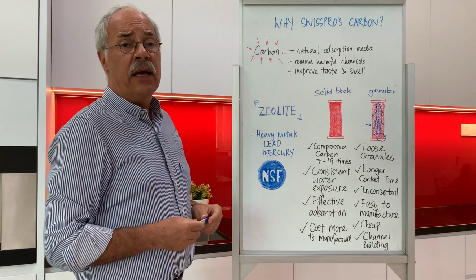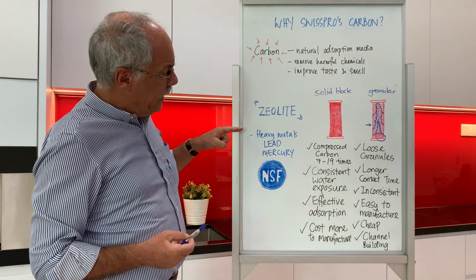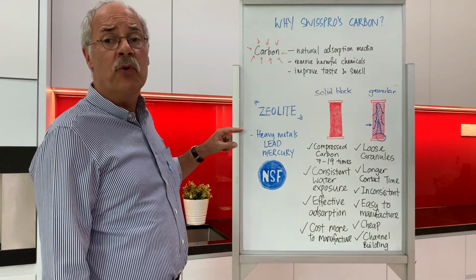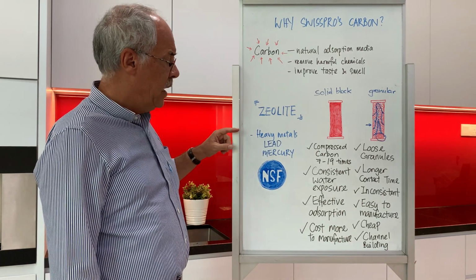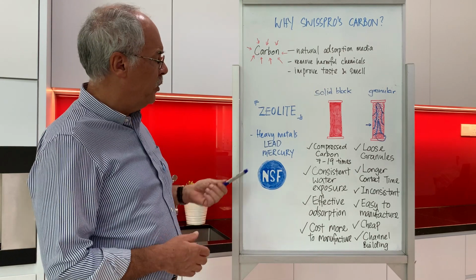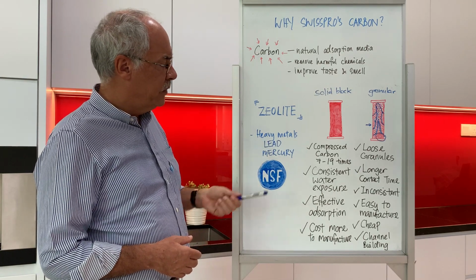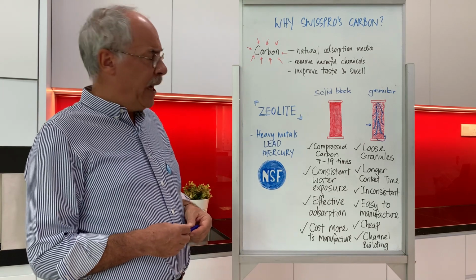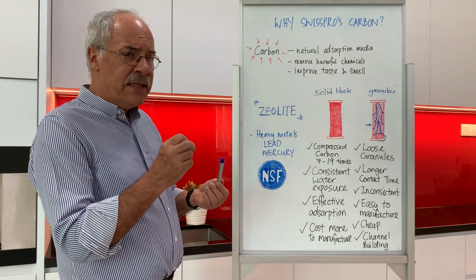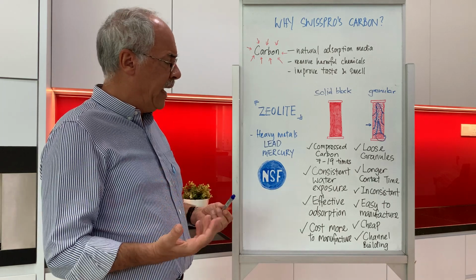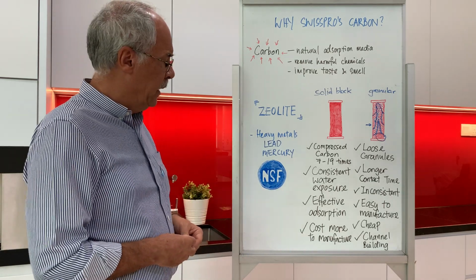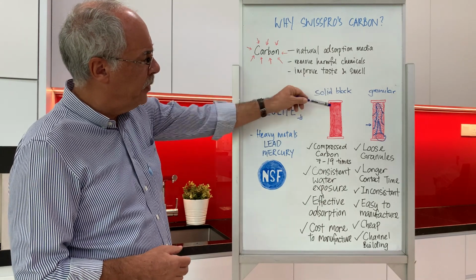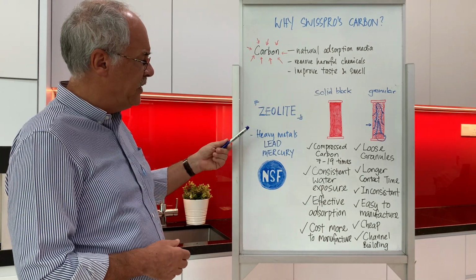Zeolite's main proposition is to remove heavy metals. Heavy metals, for example, can be lead or mercury. Just think of old lead pipes that release small particles of lead and are not healthy. So zeolite in the carbon removes also these heavy metals.